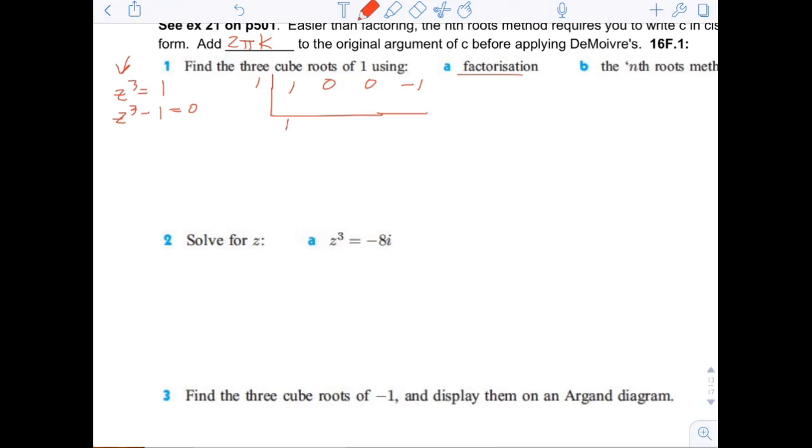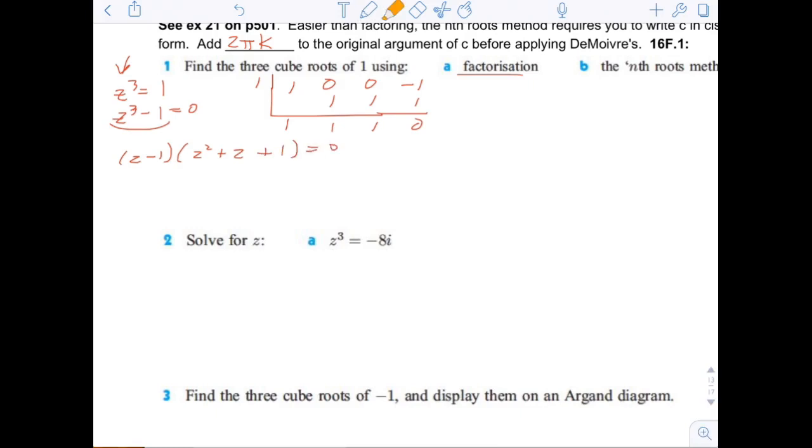So we're going to do synthetic division. And we find out that we can factor z cubed minus 1 into z minus 1 times a quadratic, z squared plus z plus 1, and that is equal to 0 too.